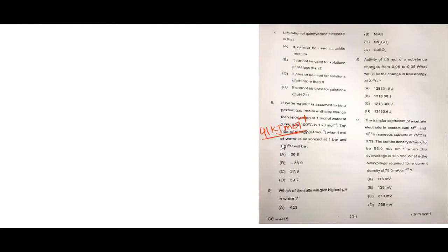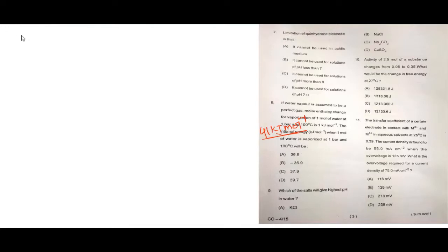In this type of question, already discussed in the previous video, work done is asked, but in question number 8 he asked the total internal energy, and we know the formula.